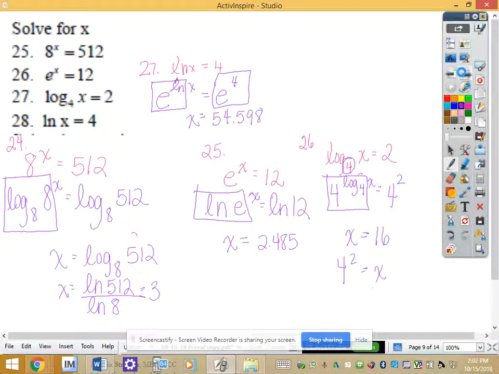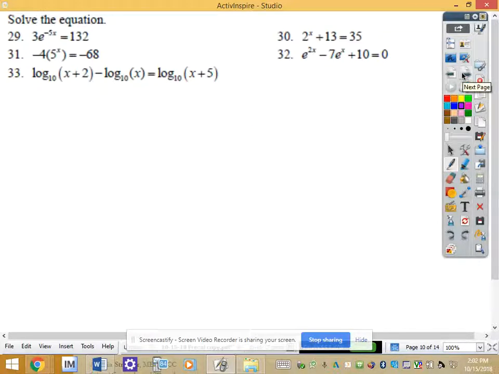On the last couple, then, your number 28 is left off my page. e to the 2x is equal to 12. Okay, the opposite of e is ln, so we'll do ln to both sides.